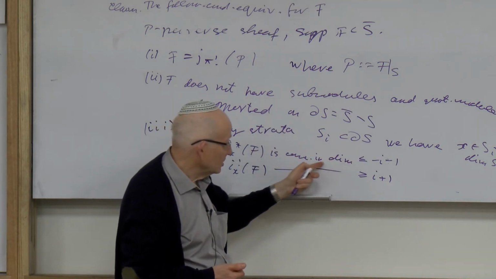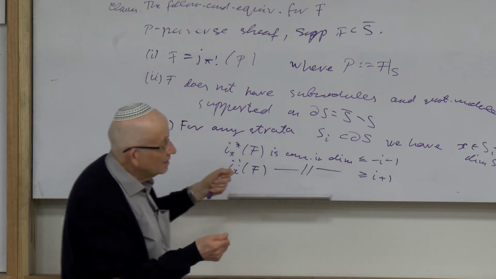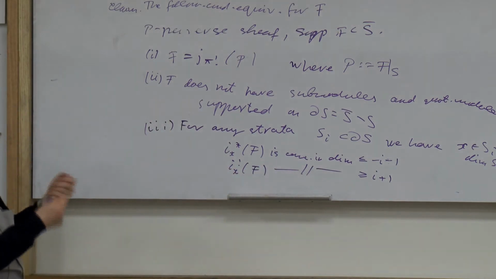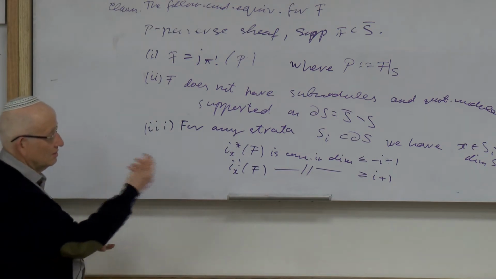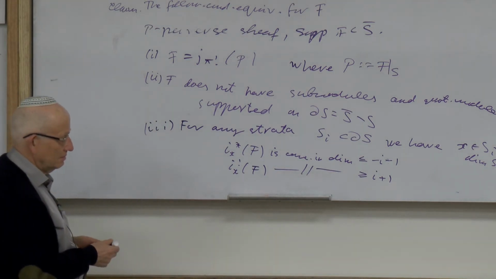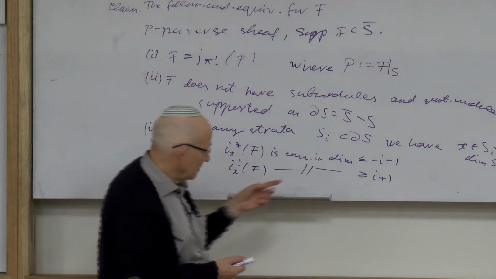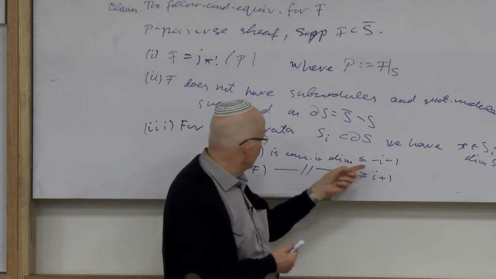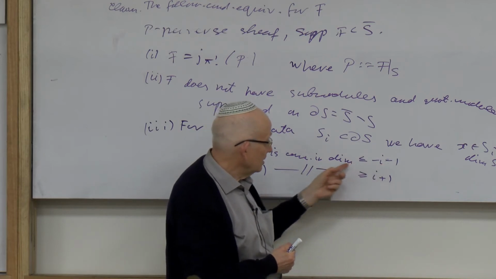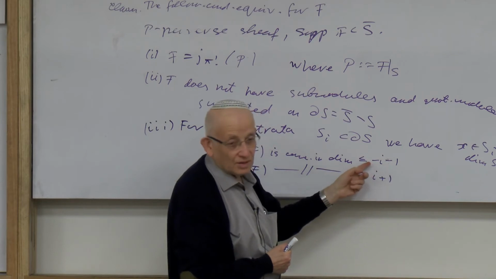So suppose that this condition doesn't hold. Then we consider a set of smaller dimension where it doesn't hold, and we know that this dimension will be less or equal to minus i. Suppose it is not less or equal to minus i minus 1.